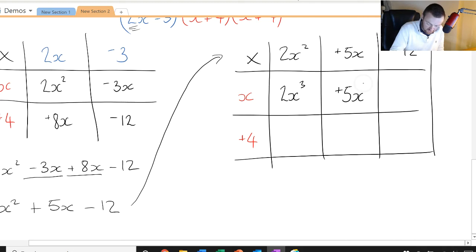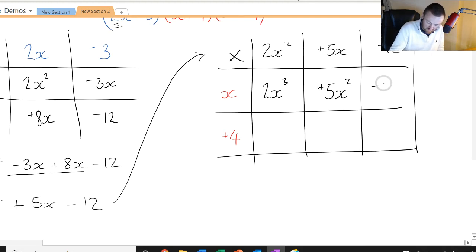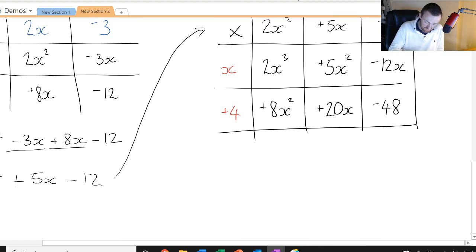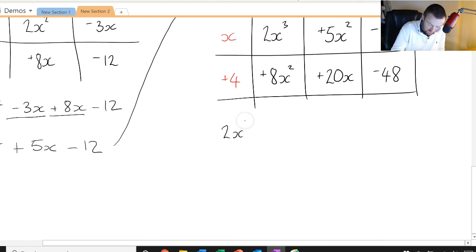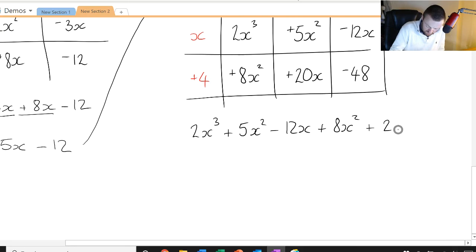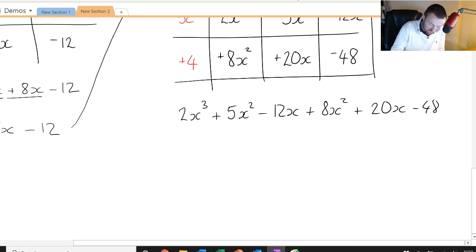X times 5x will give you 5x squared. That will be negative 12x plus 8x squared plus 20x and negative 48. So now we're nearly there. Just to finish up, write out the whole thing in one block. Plus 20x negative 48. And then just to finish off, we're just going to simplify.